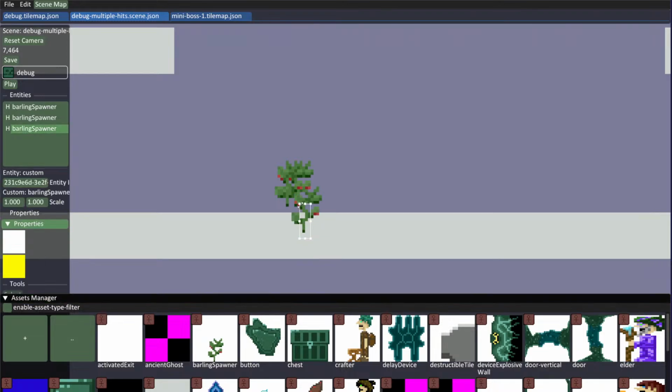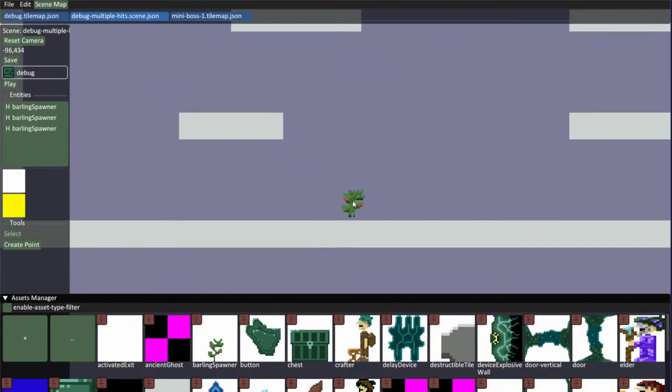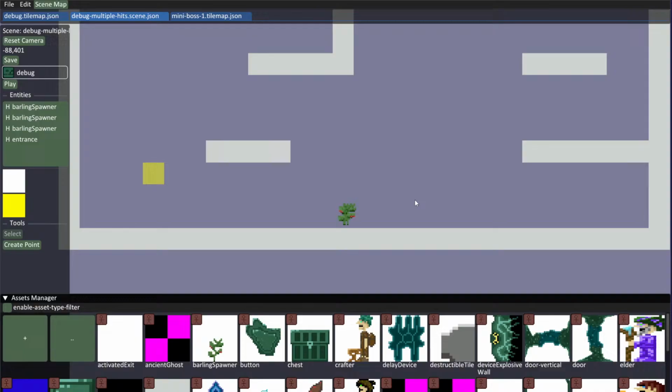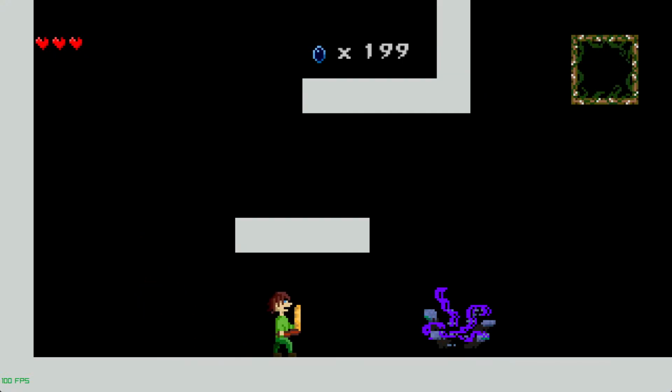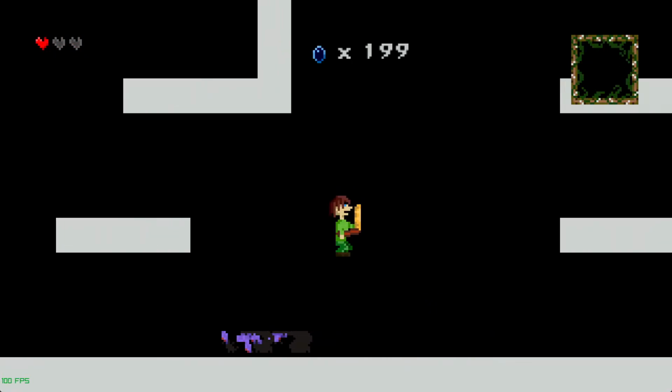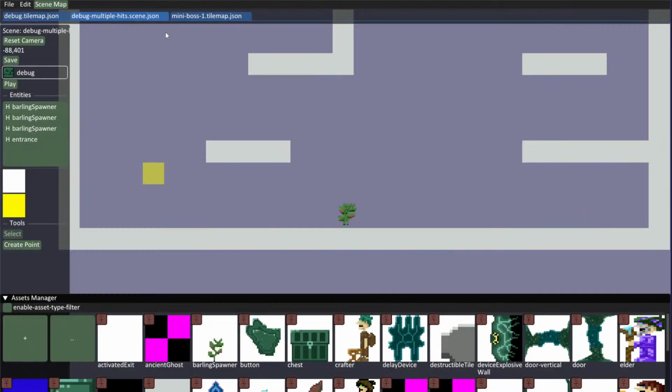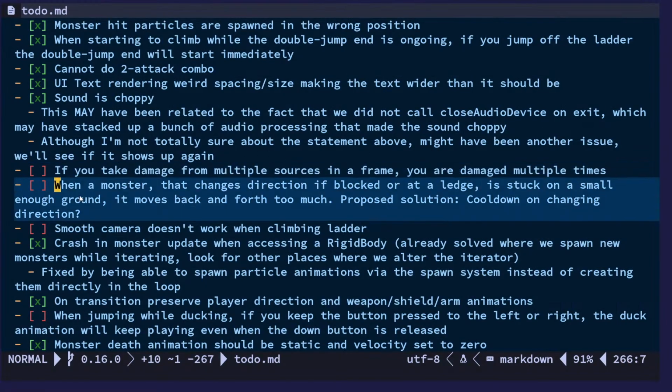And then the goal is to have multiple things hit me at once. It doesn't need to be these guys, it could actually be anything spawning directly under it. I'm just gonna try this first to see if the bug is still there. So as you can see, I got 2 hits there. So let's see if we can fix that.